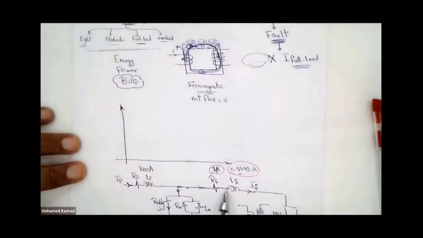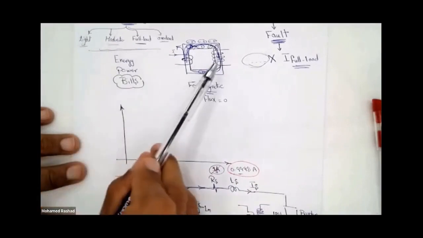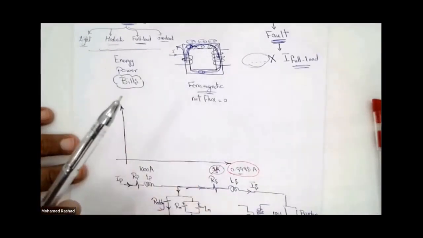Now, as an engineer, when you connect your load, which is your burden, as current flows here, current also flows on the secondary side. This secondary current itself generates a magnetic field, and this magnetic field opposes the original magnetic field.